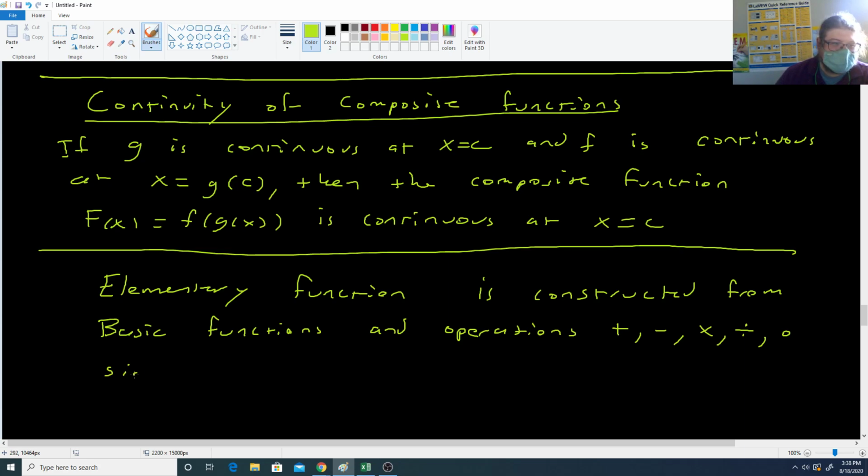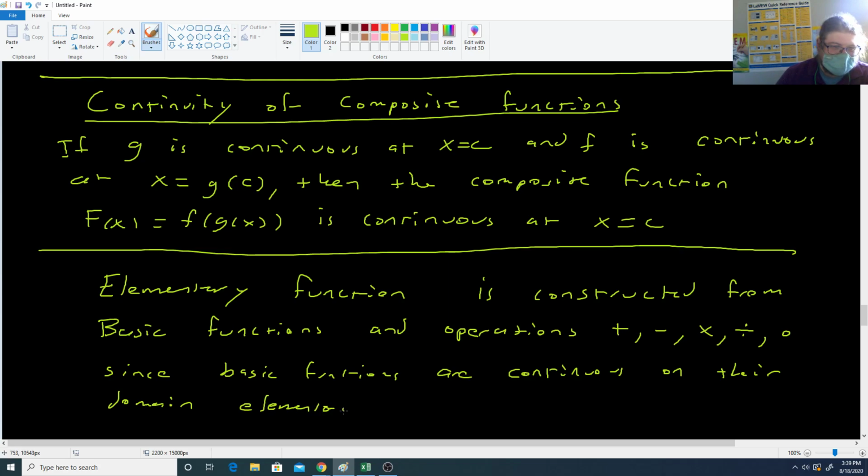So since the basic functions are continuous on their domain, any function you can construct from the basic functions in these operations, an elementary function, is continuous on its domain.